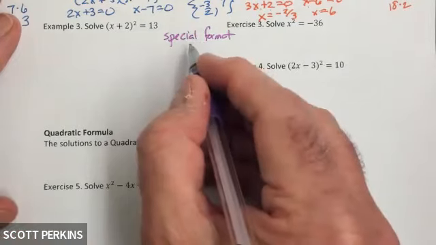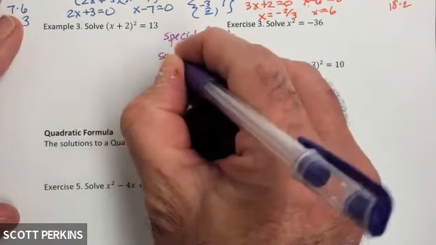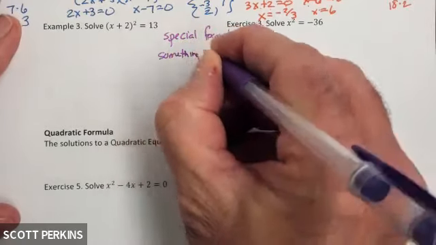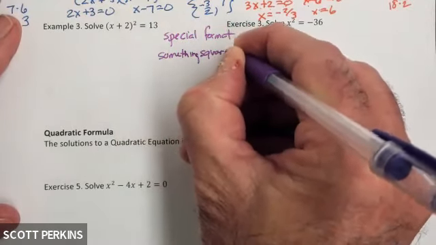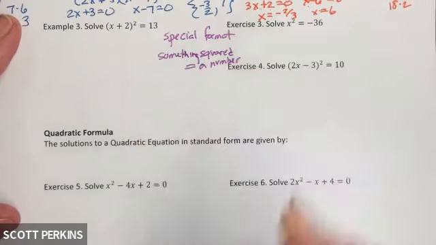But the special format is if I have something squared equal to a number. You can see example 3 that I'm going to do and the other 2 exercises right next door. They're all in this format of something squared equal to a number.